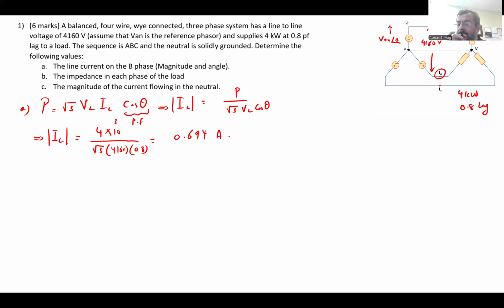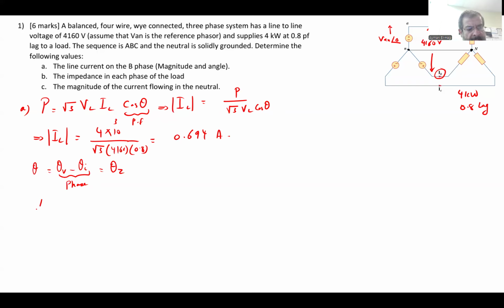I have to remind you that the power factor angle is the angle of the phase voltage minus the angle of the phase current. So theta is theta V minus theta I, phase quantities, or it is theta Z, the angle of the phase impedance. It's all the same thing.